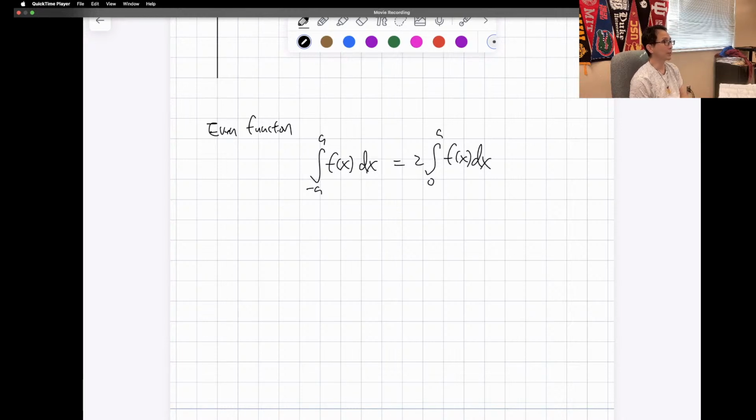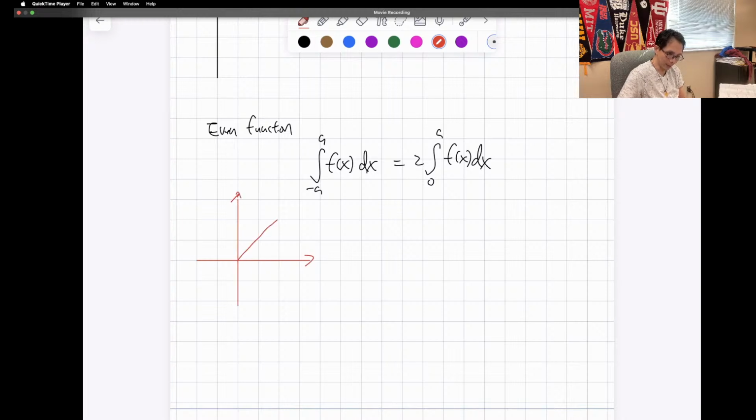Anybody who doesn't understand the idea of an even function, raise your hand. Okay. So Liam, an even function just means like a parabola, like x squared, or the absolute value of x. It's the same from the left and right. It's symmetric to the y-axis. A good example of an even function, absolute value, is probably the easiest one.